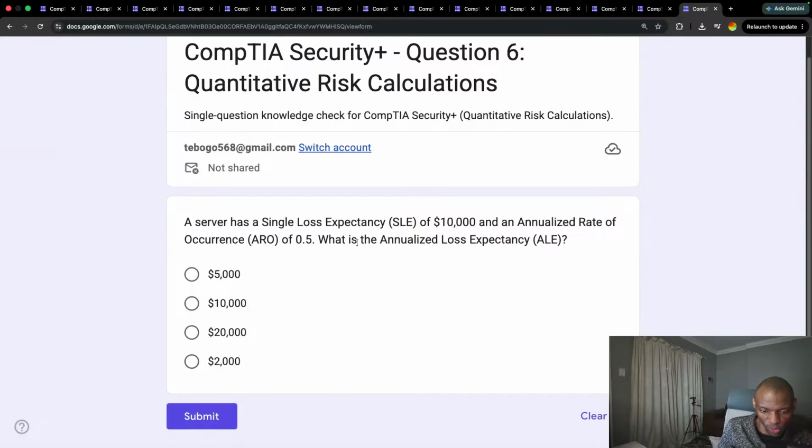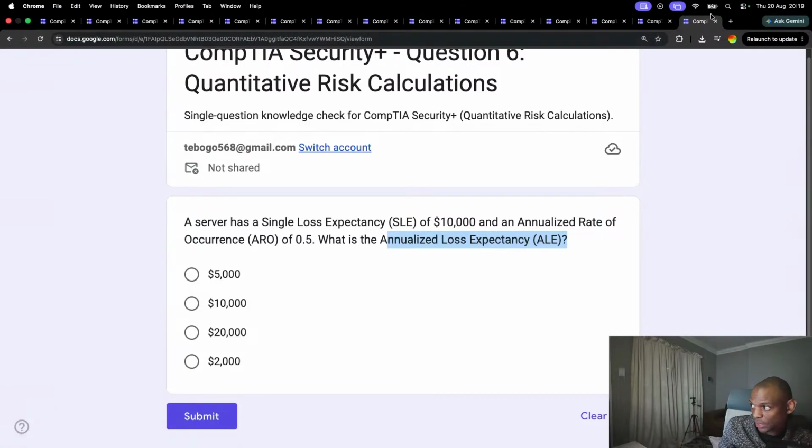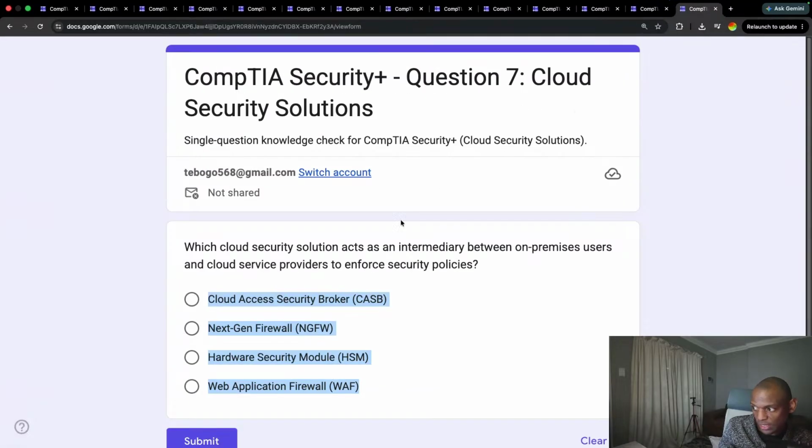Now, this question requires that you know a formula of how to calculate ALE. If you know the formula, then it's easy to answer this question. But I'm going to skip this question for now. I'm going to go to the next one.